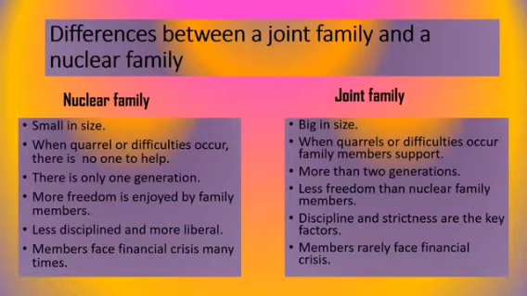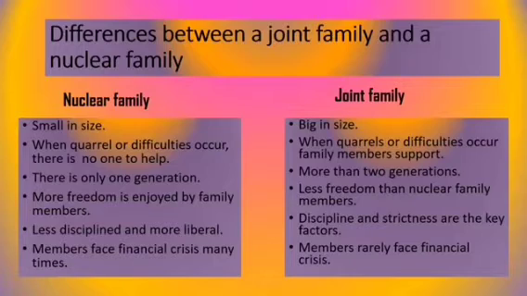The discipline and rules are set by the great grandparents or the family members who are the eldest, and that is strictly enforced and followed down the line even to small children. So, a nuclear family has less discipline and is more liberal, while a joint family is quite strong in discipline and strictness.